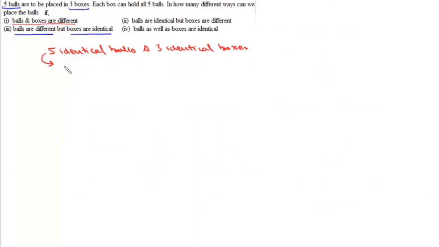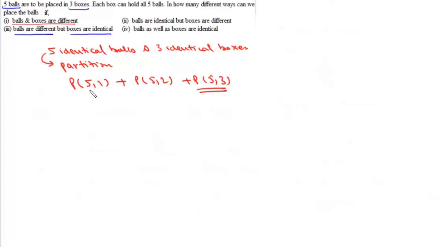This again is nothing but a partition problem. Previously we partitioned 5 into 3 sets. Now since in this case empty boxes are allowed, we need to find P(5,1) plus P(5,2) plus P(5,3). If no box is empty, then we just have to find P(5,3). But here we have to find P(5,1) plus P(5,2) plus P(5,3).